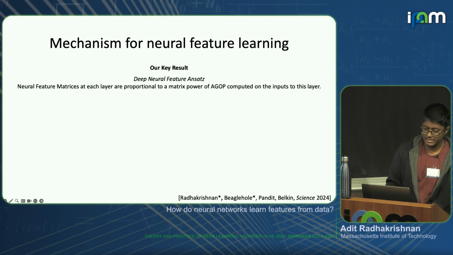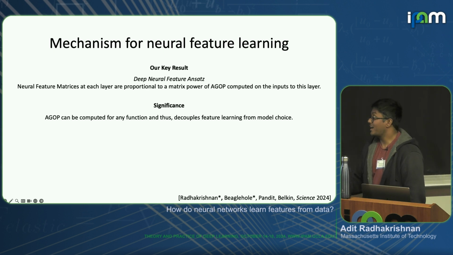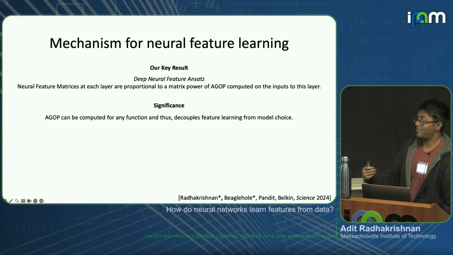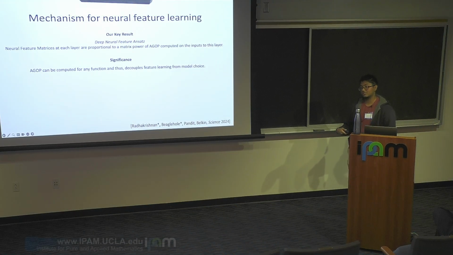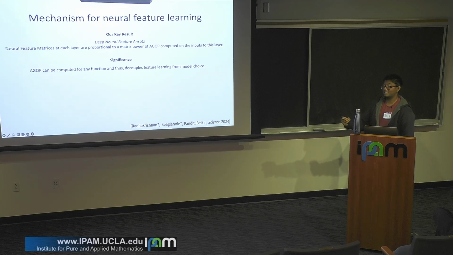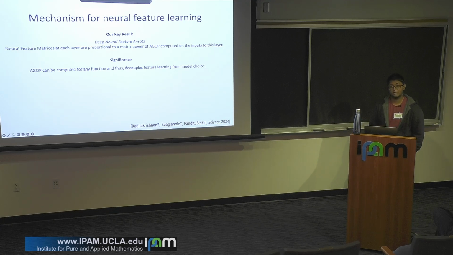Before I go into details about exactly what this means mathematically, why is it important? Why do we care? There are no weights or model here, there's just a function f. So I have a method of extracting features given any predictor f. It's beyond neural networks, and we can decouple feature learning from the choice of predictor by just considering the AGOP.